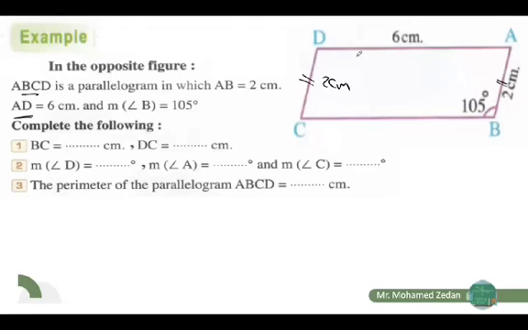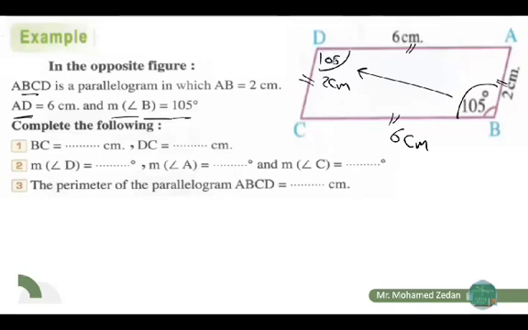Then AD equals 6 centimeters, then BC equals 6 centimeters. Why? Because each opposite side is equal in length. Then continue. The measure of angle B equals 105. Then each opposite angle is equal in measure, so angle D equals 105.